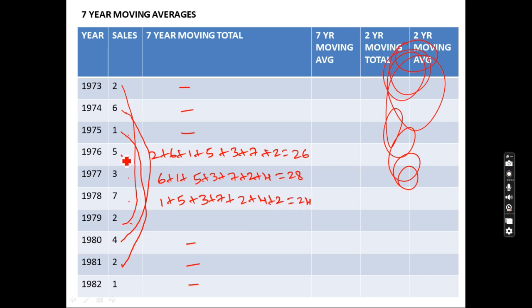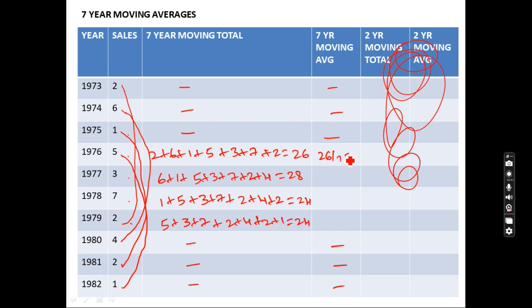So leave one more year and add the next 7 values now. From here to here you add. So start from 5 plus 3 plus 7 plus 2 plus 4 plus 2 plus 1 is equal to 24. After getting the totals, the first 3 places you make blank, and how did you get this 26?